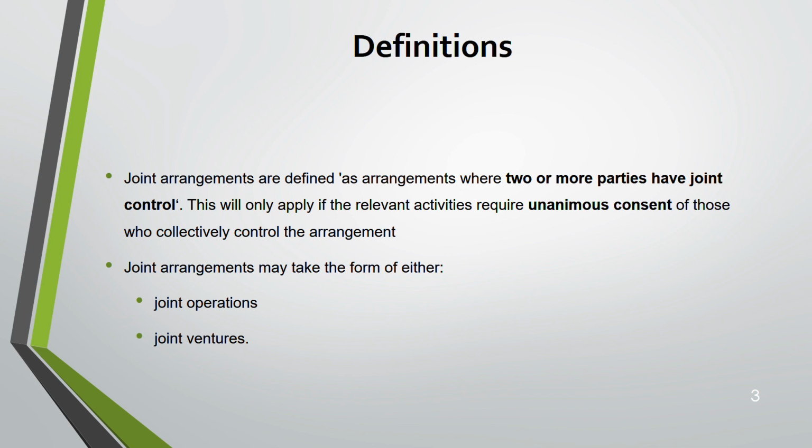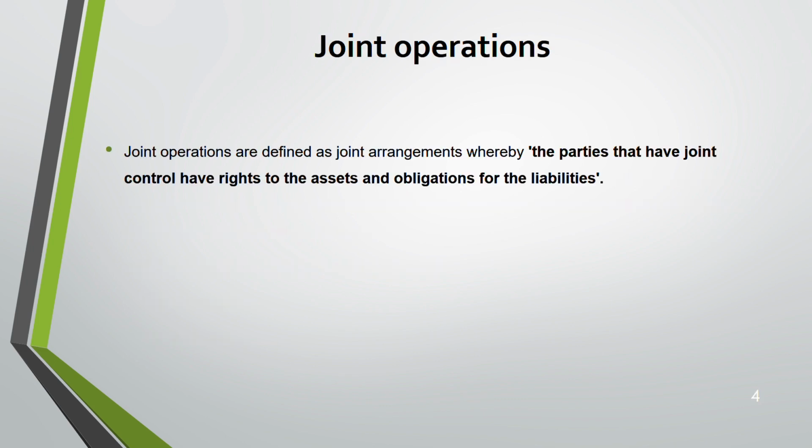First, let us finish joint operation. Joint operation is different from joint venture. How? In joint operation, the parties have joint control. That means they have rights to the assets and the obligations for the liabilities.